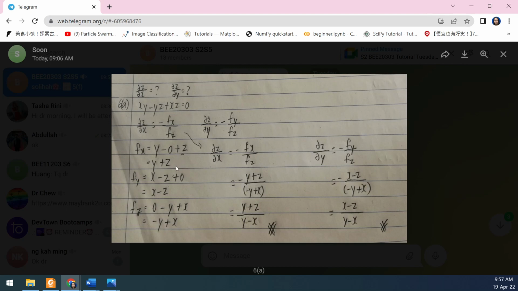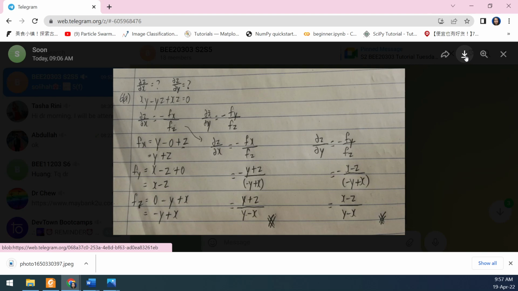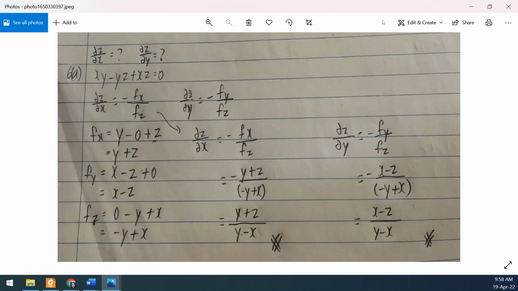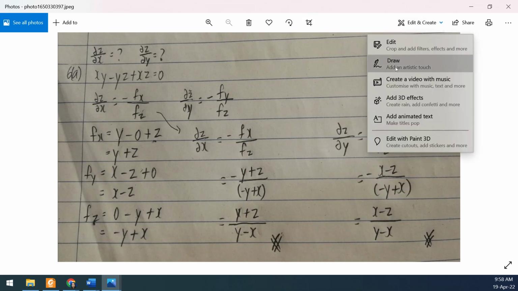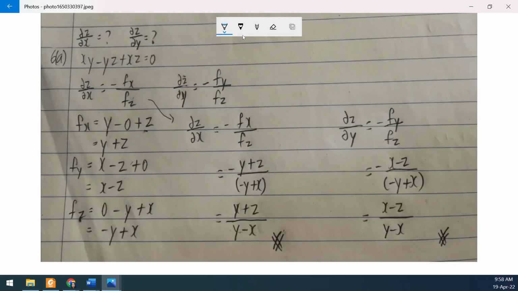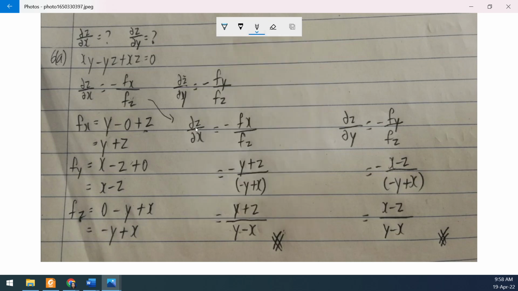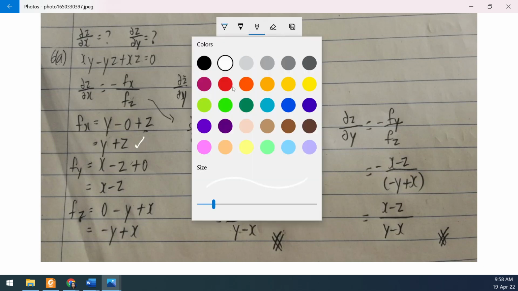So correct, okay? So this one, let me download so I can jot down. Okay, and then I add it. So this is a white color.